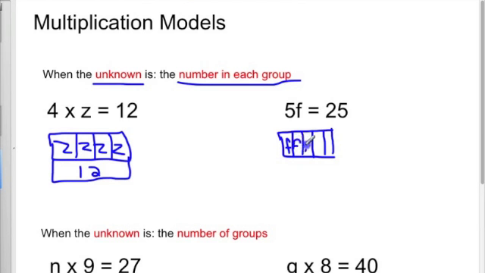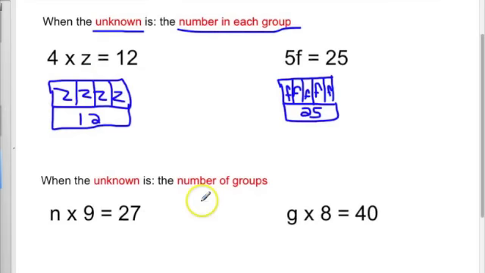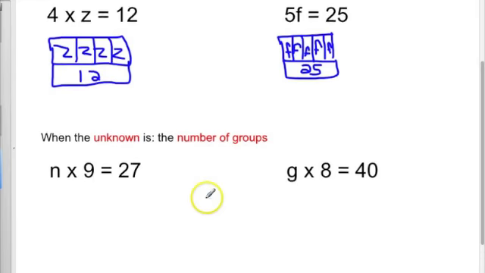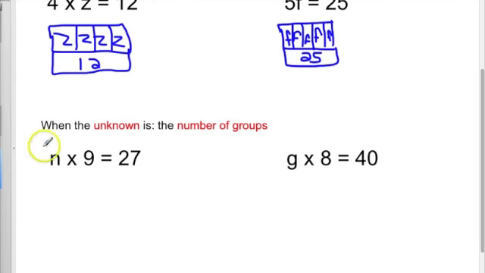So we have f's represented in each of the boxes. It's 5 times f. And then 25 is the total. Did you get that correct? If you did, great. If not, we'll have some more practice on your homework page.